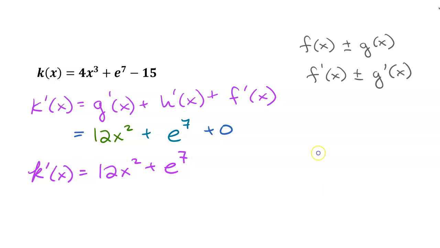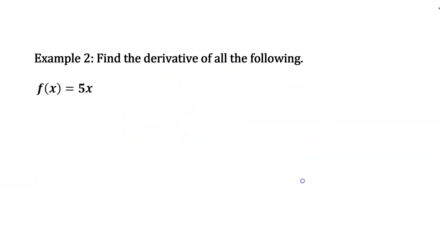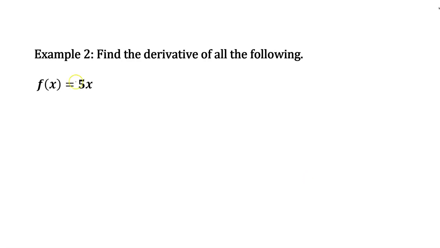So let's do this again. 5x. This would fall under the category of the power rule. So we're going to pull the power in front and then go down a power. Well, what's the power when we don't see a power? 1. So take the lovely power, pull it out front.